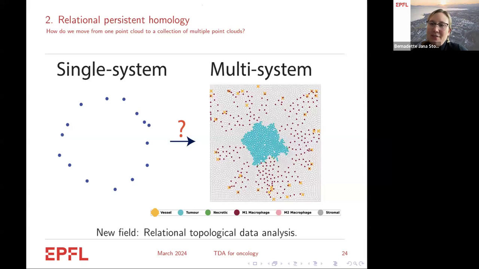Now, why is this relevant? There's very many application areas, ranging from biology to geography, as well as ecology, where this type of data is routinely collected, and there's a great interest in understanding the interactions between different species.